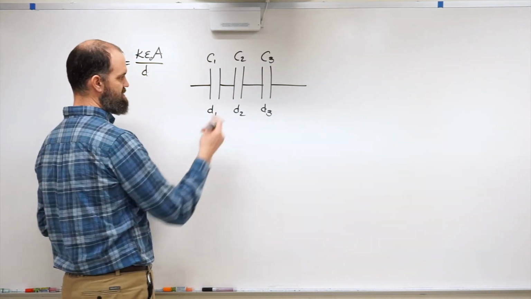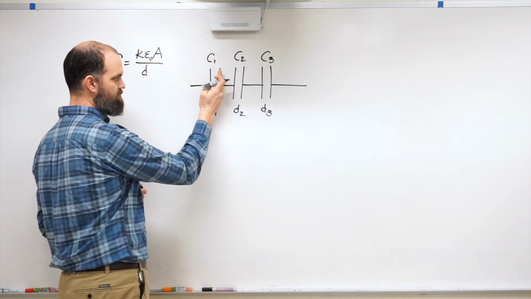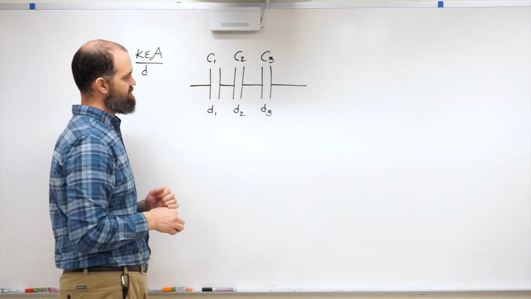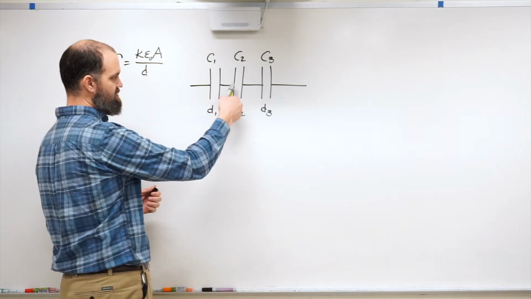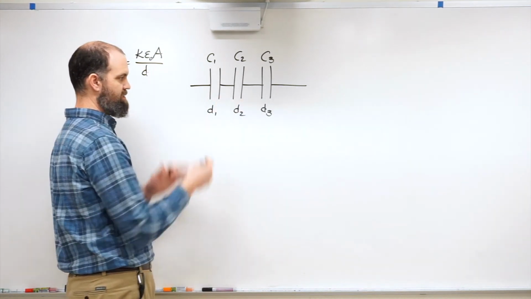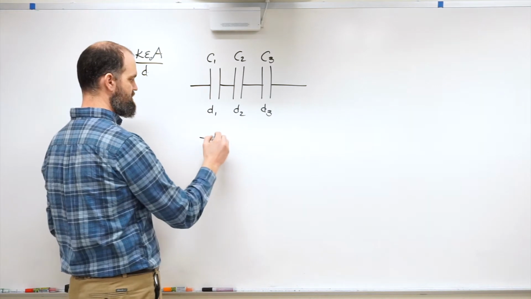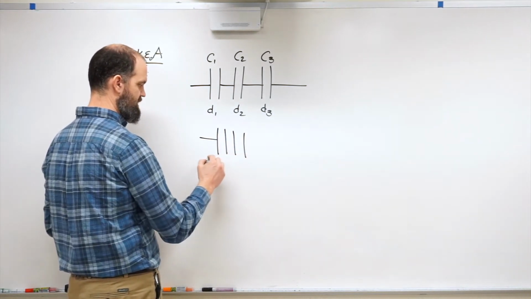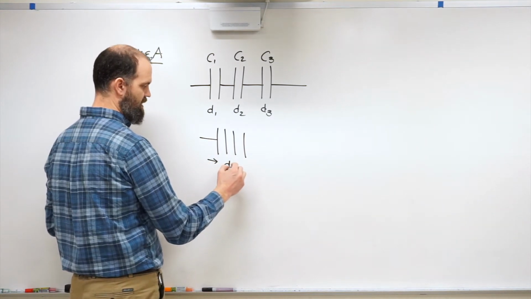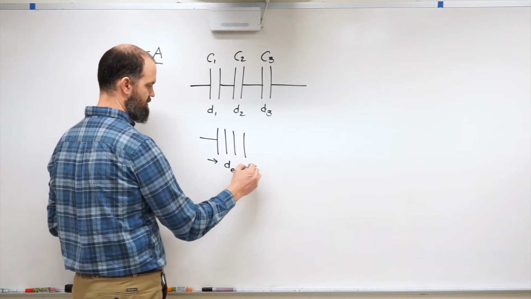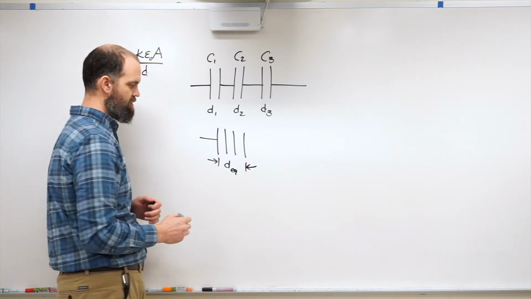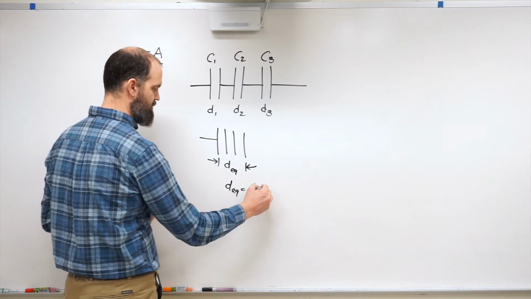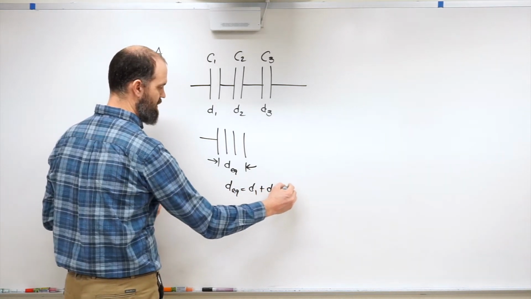It would work the same as if I shrunk them down so one plate was touching the back of the other. I could shorten these wires down without affecting the overall thing, to be essentially one capacitor that has a total separation distance D equivalent, which would be equal to the sum of the three separation distances. And I think you can see where I'm going here.